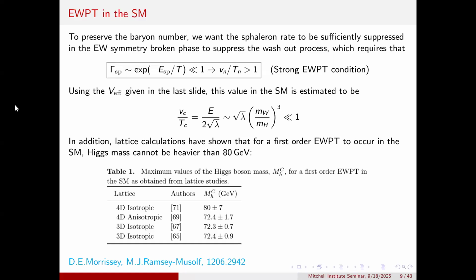And in addition, this is a perturbative analysis. Non-perturbative lattice calculation has shown that for a first order phase transition to happen in the standard model, the Higgs mass has to be lighter than a certain value, which we know is not true. So that already ruled out the standard model as the source of a first order electroweak phase transition.